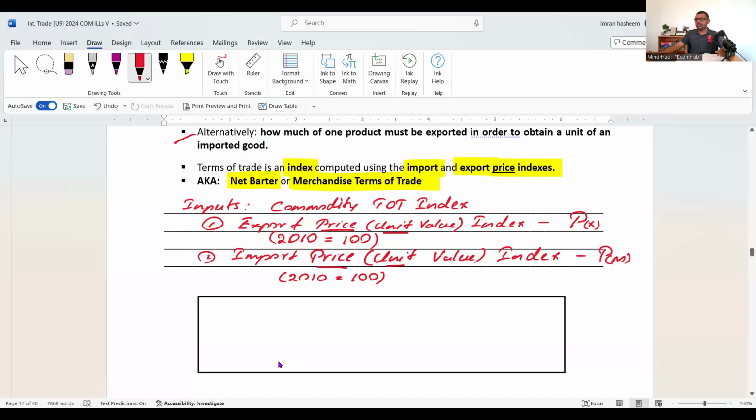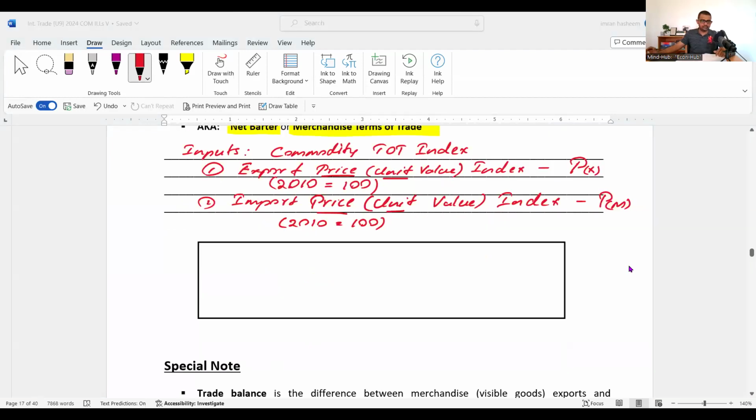Let's look at the formula. Since I have indicated that the export-import price indexes are abbreviated as PX and PM, I'll use them. But I would appreciate it if you also write the full thing, though that's up to you.